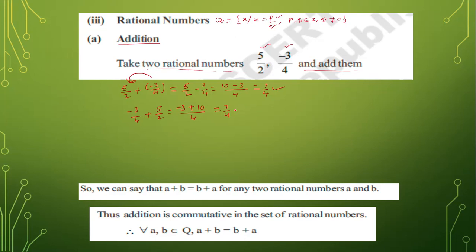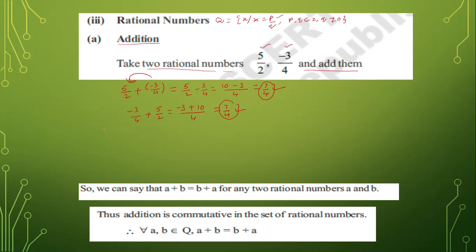In both cases, if you change the order, 5 by 2 plus minus 3 by 4 in the first instance, and in the second instance, first we write minus 3 by 4, after that we add 5 by 2. Even though we change the order, the result is not changed. The same result we got in the two cases.